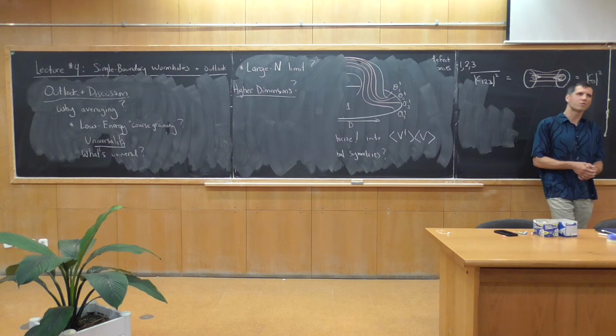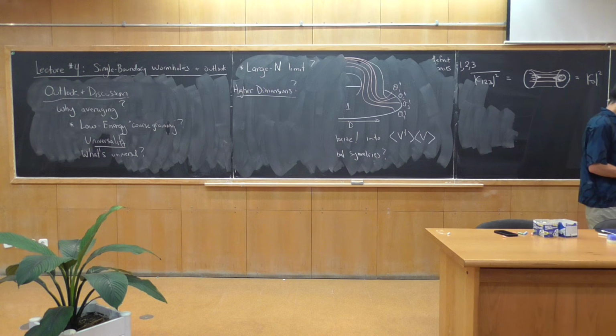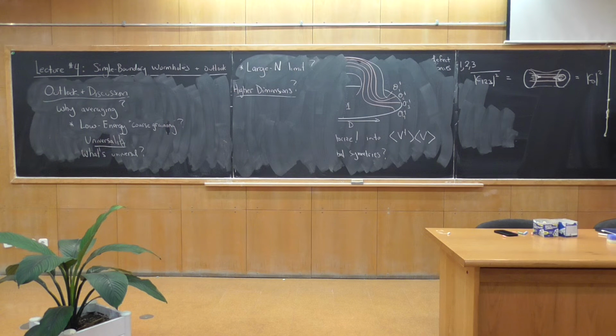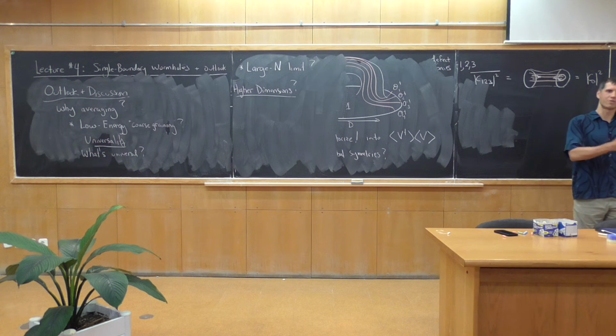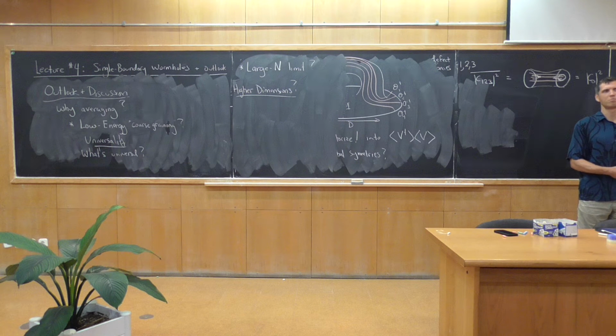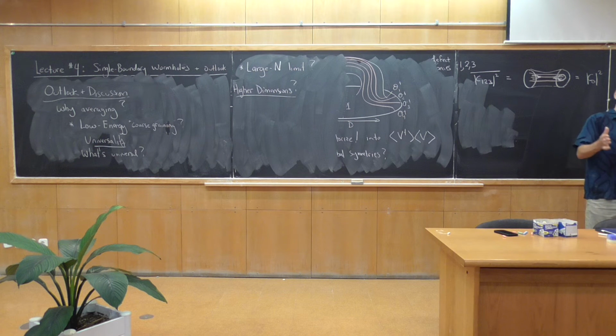If you were to try to do this in higher dimensions, then I think what you would need to do in principle, this sounds very hard, is first factor out the non-chaotic part. So you need to first solve this problem of getting the low energy effective theory perturbatively in the bulk, all the stress tensors and the multi-stress tensors, and extract that out, and then average over the UV microscopic part that's left over.